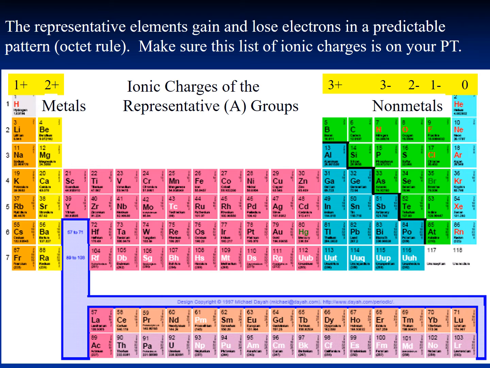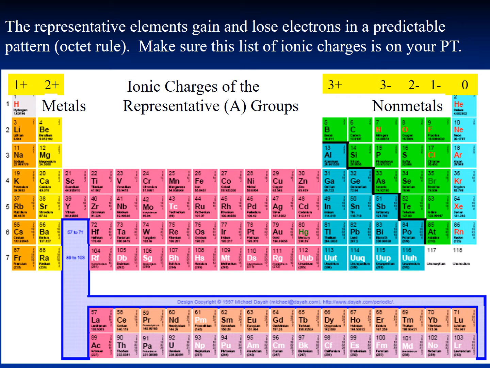On your periodic table, you should have already written some of the expected ionic charges of what we call the representative groups. These are the elements that on the old style periodic table were marked with an A. So group 1A, which we now call group 1, seem to always form a +1 ion.